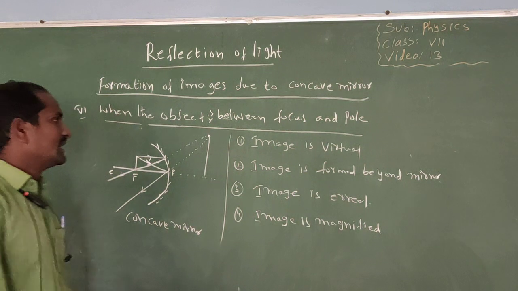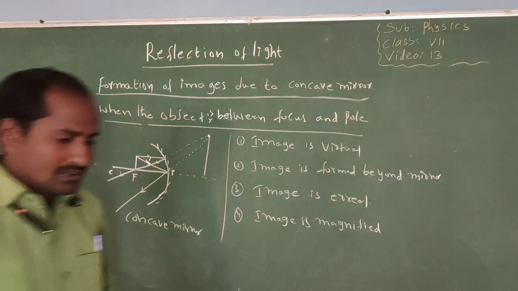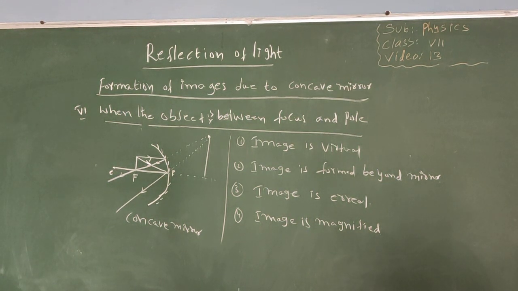These are the characteristics when the object is placed between focus and the pole. The image is formed behind the concave mirror, so it is a virtual image.